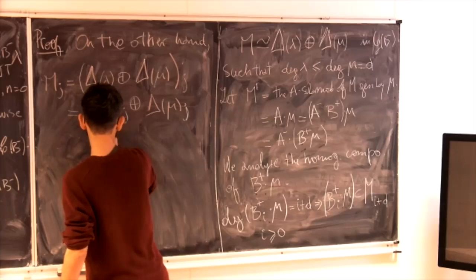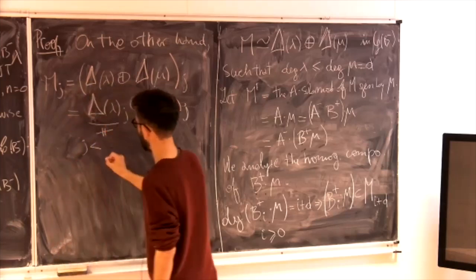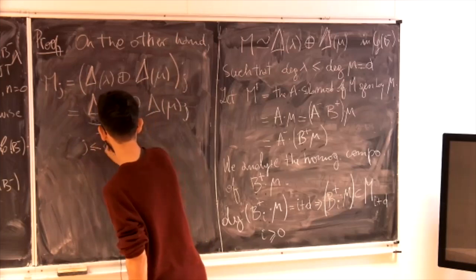This is different from 0 if J is smaller or equal to the degree of lambda.